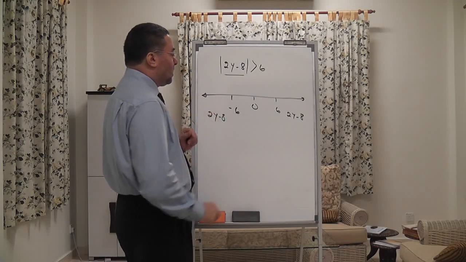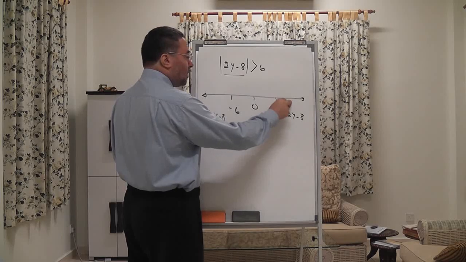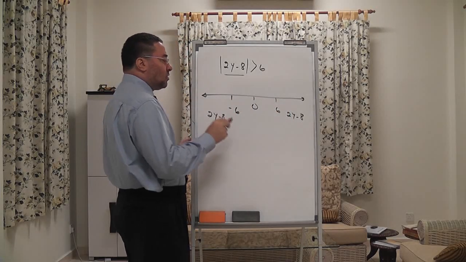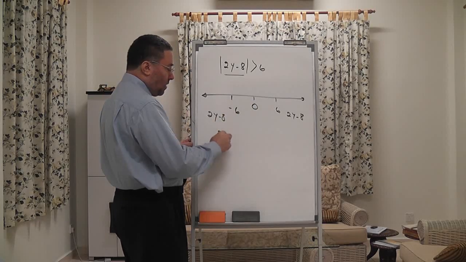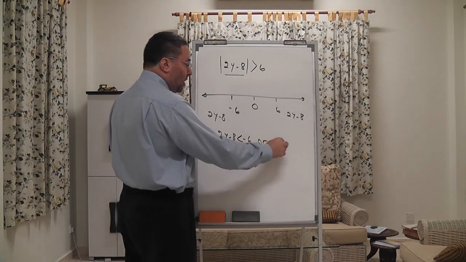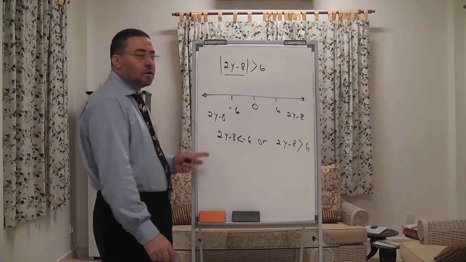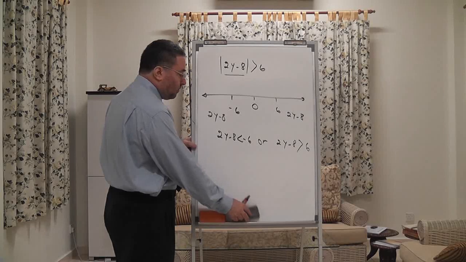Here in this region, the numbers are more than 6 units away from 0. Similarly, in this region, the numbers are more than 6 units away from 0. And so we can rewrite this as 2y minus 8 less than minus 6, or 2y minus 8 more than 6. And solve and get the solution, and that will be the solution for this inequality.